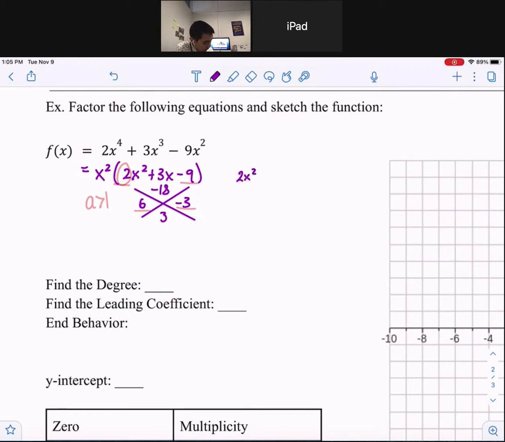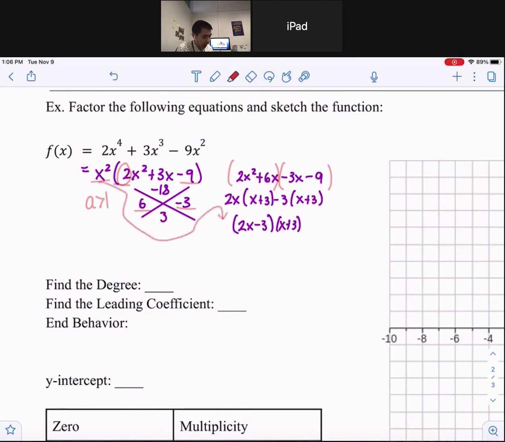So 2x squared plus 6x minus 3x minus 9. Group. Factor out a 2x to get x plus 3. Factor out a -3 to get x plus 3. So the factors are 2x minus 3 and x plus 3, and don't forget the x squared that we factored out in the beginning.